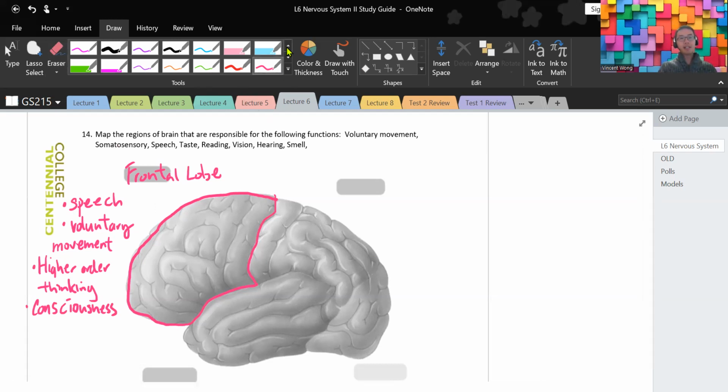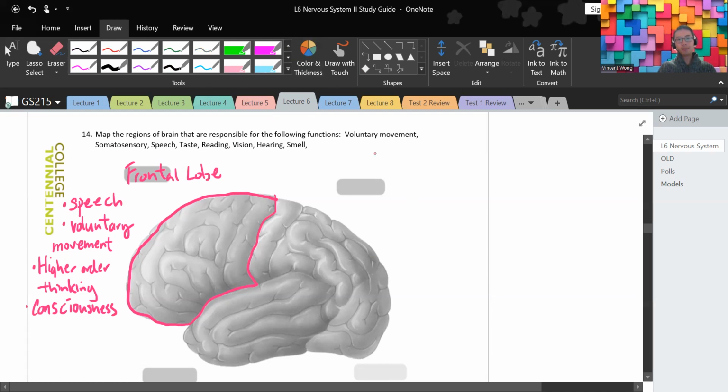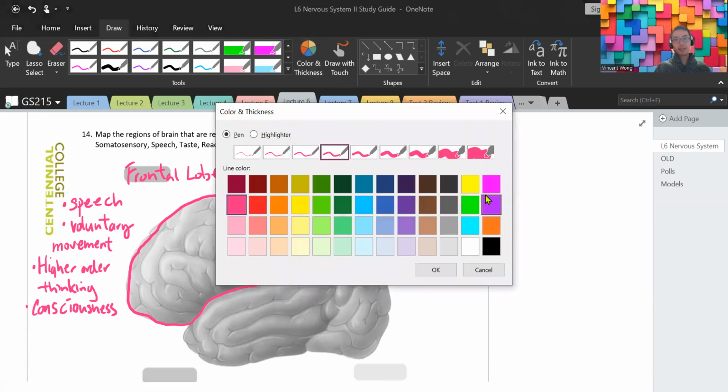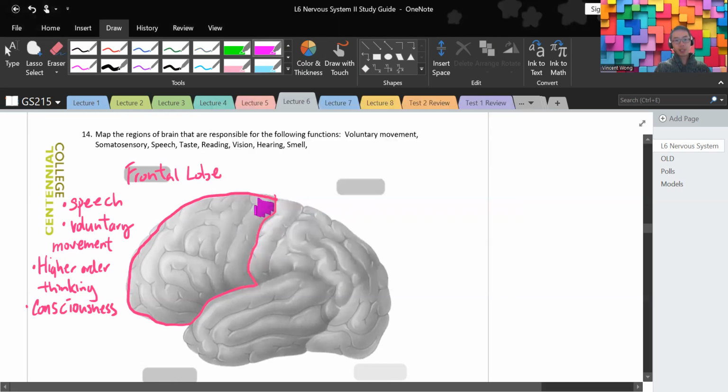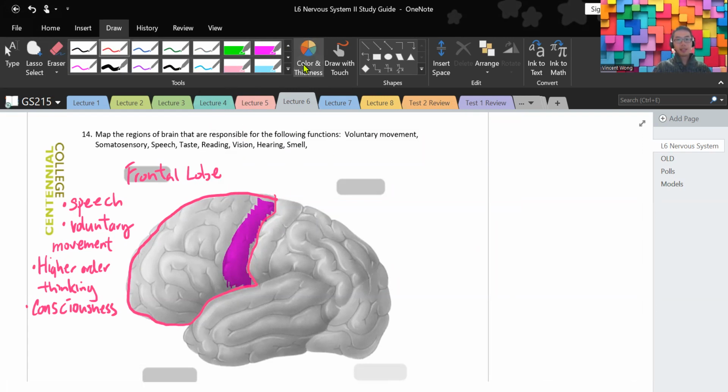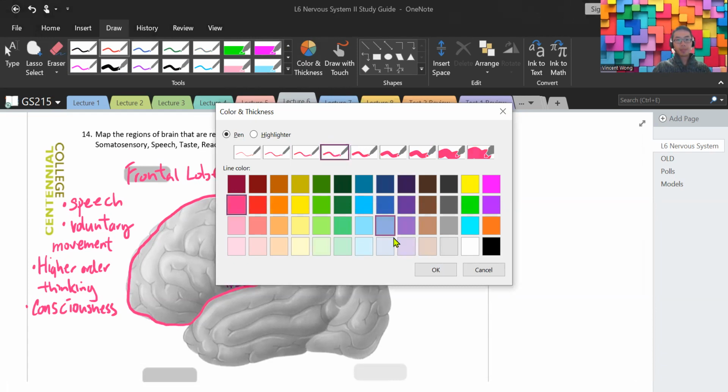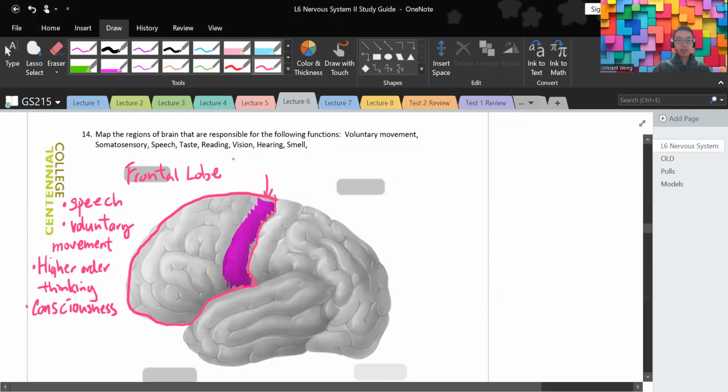Now there is an important area in the frontal lobe that is located at the back, which is this strip right here. That is called the primary motor cortex.